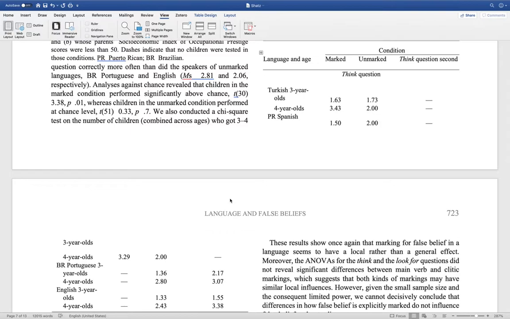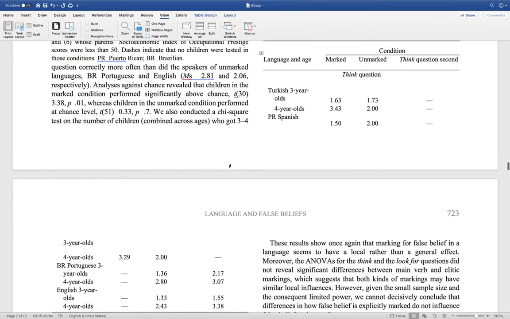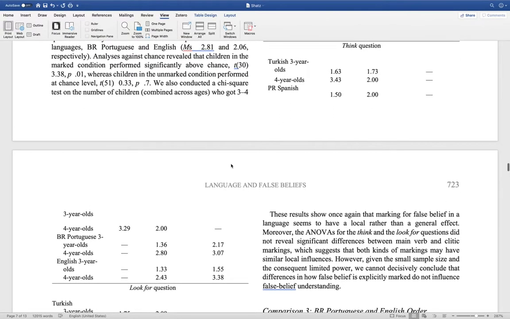So it goes back and forth, back and forth. For the 4-year-olds, what I'm seeing, just looking at these numbers right here, is that the way the questions are asked drastically impacts their ability to correctly decipher other people's cognitive states.